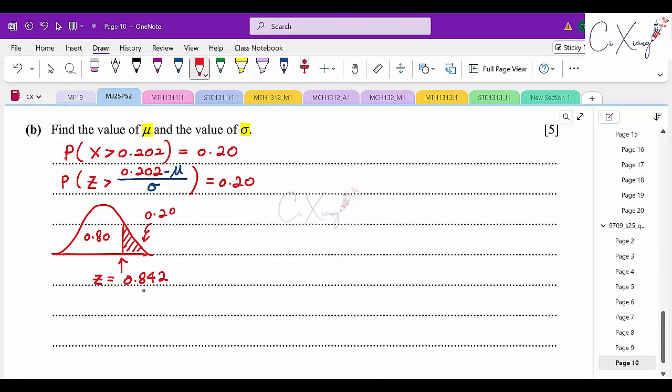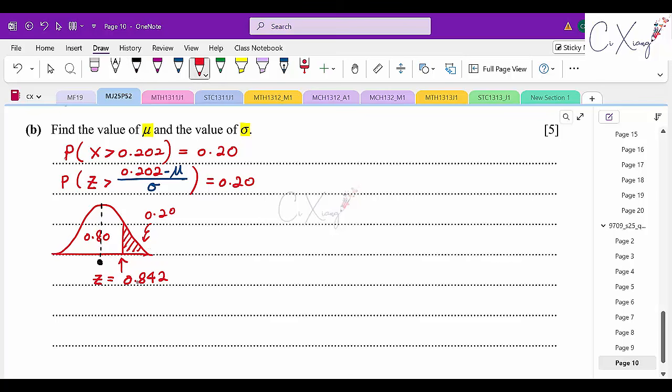Then you decide whether this value is positive or negative. According to the diagram that you drew just now, the center is 0, and this line is after the 0, which means it is a positive value. Therefore, it is a positive 0.842.